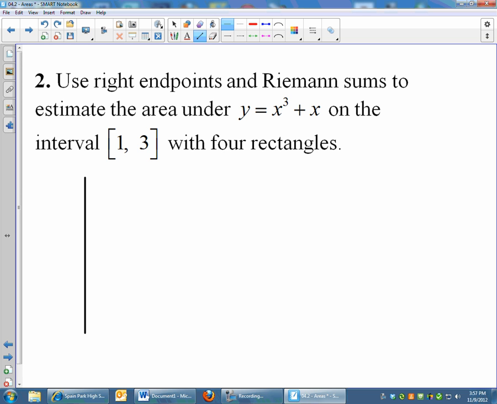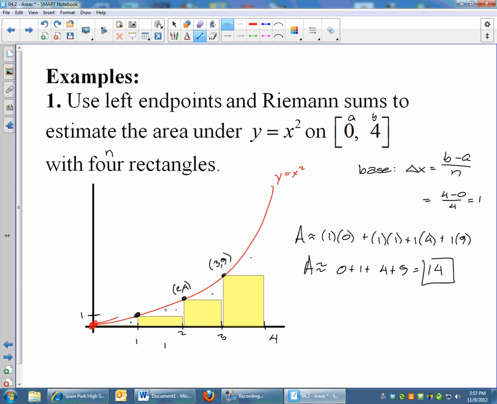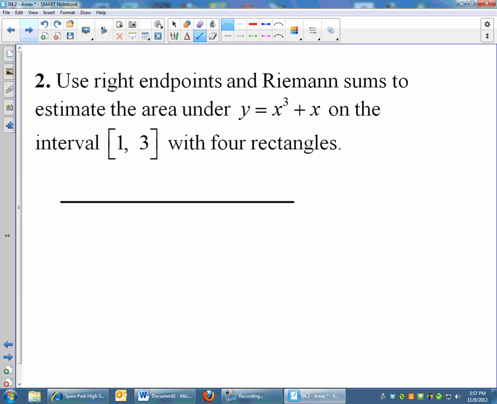But where the curve actually is not going to make a huge difference in your setup. What I mean is, oh, that was a terrible thing to say. Now that's just confusing. What am I thinking? I really don't need to see my function. What I really need to see is my x-axis and how my x-axis is divided up. If I look at this function, I'm only going to look at my x-axis.